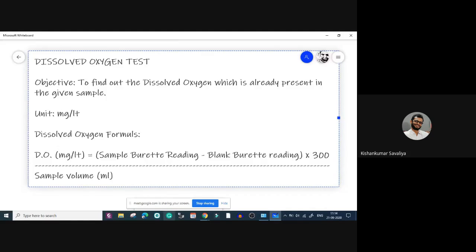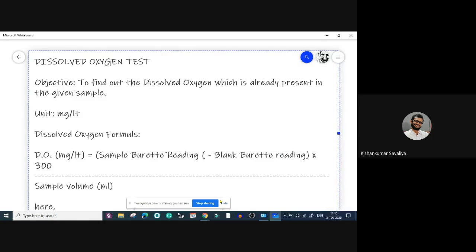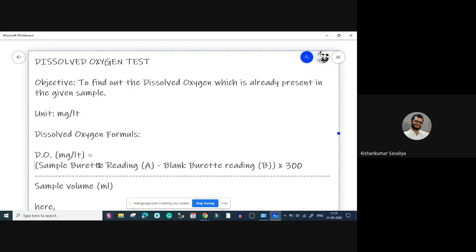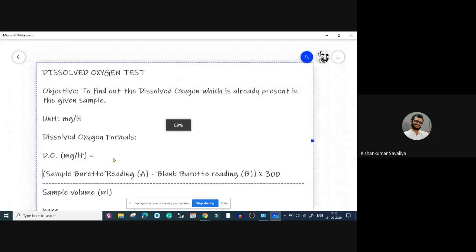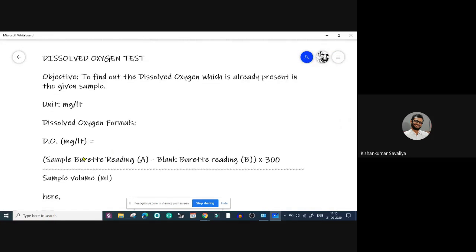Now I am giving the readings. Here in our laboratory, let us say the sample burette reading is A, and the blank burette reading is B. So this is the formula for us.